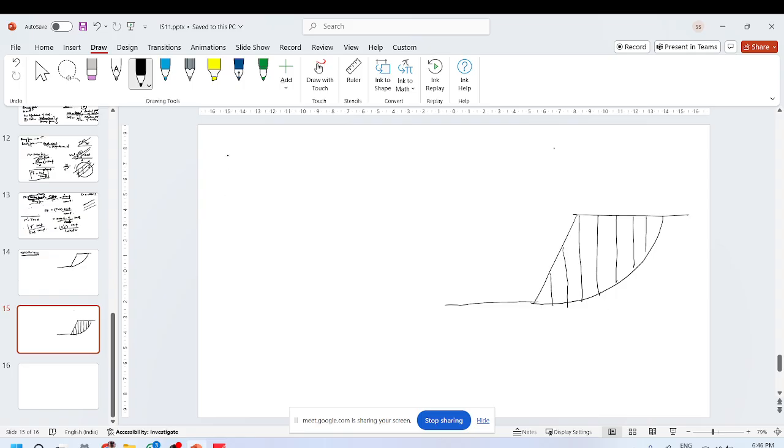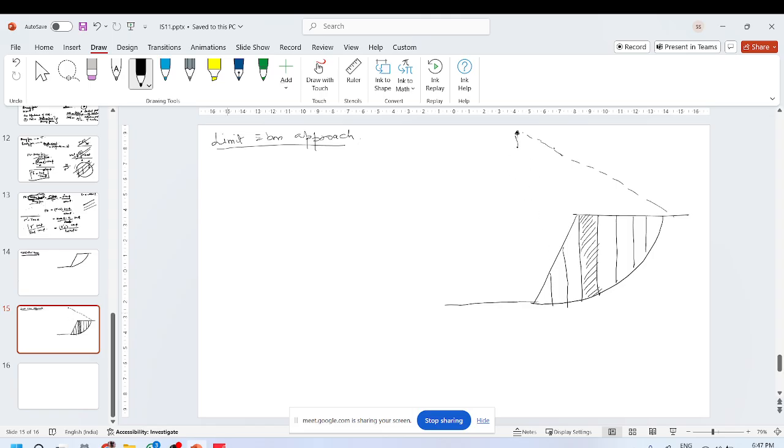Okay, this is called the limit equilibrium approach. So what they do is they take one wedge. Basically, they have some theories on what will be the radius of the slip surface.